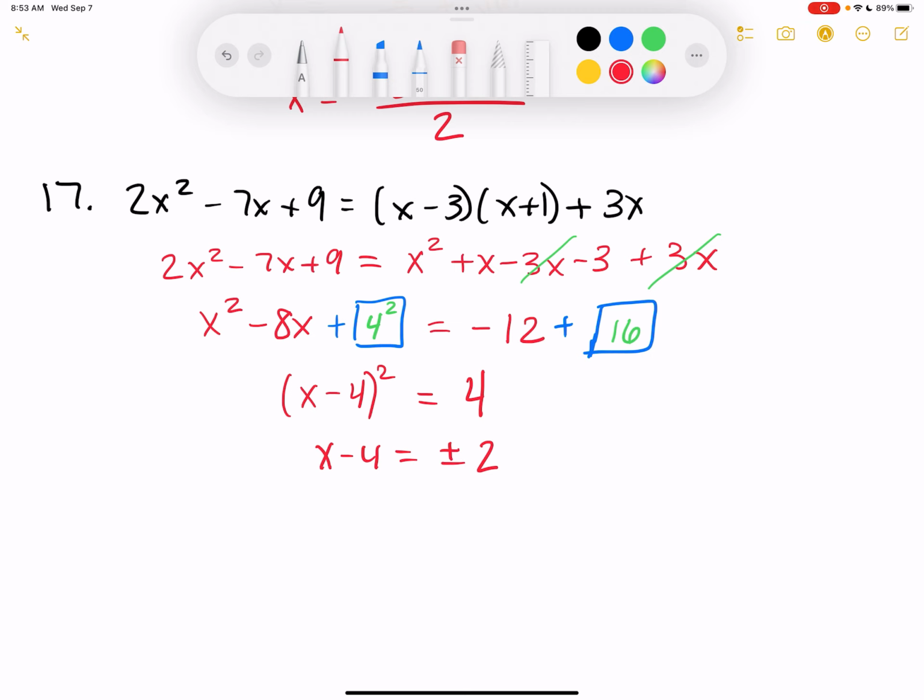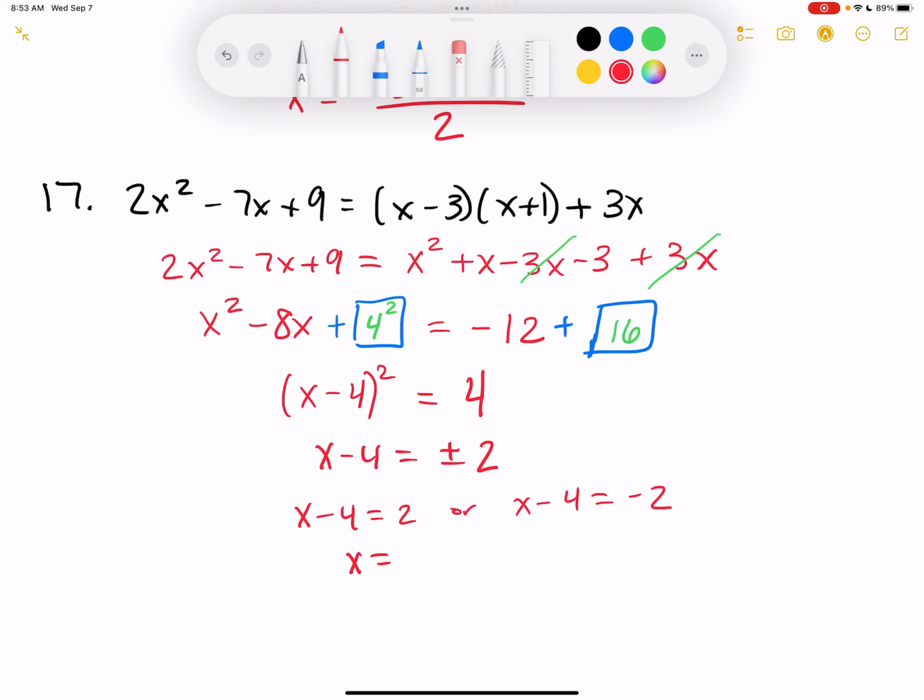We have to do 2 different ones: x minus 4 equals 2, or x minus 4 equals negative 2. You got this one. It's easy.